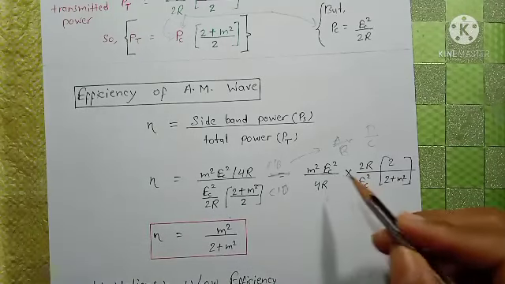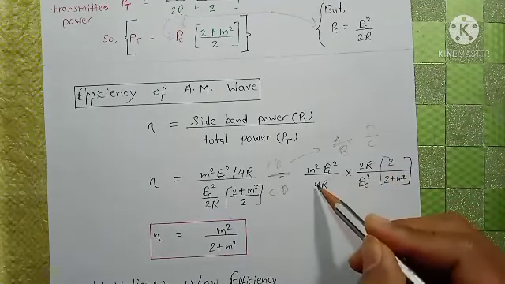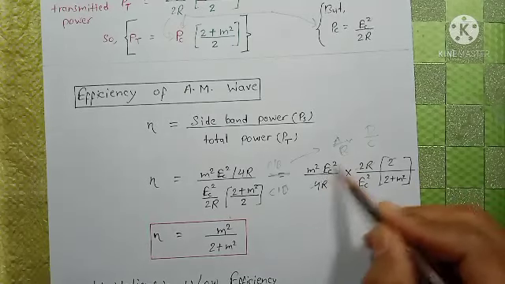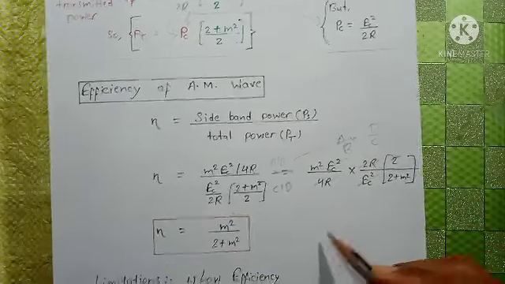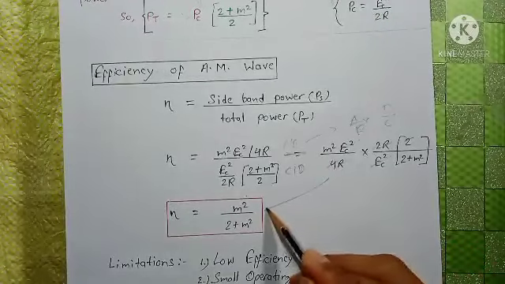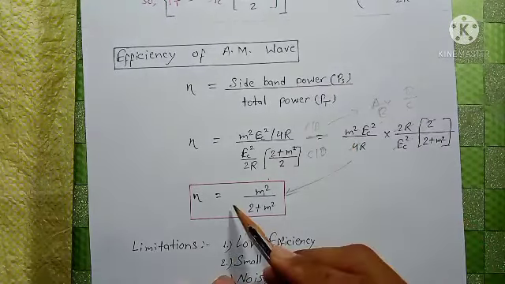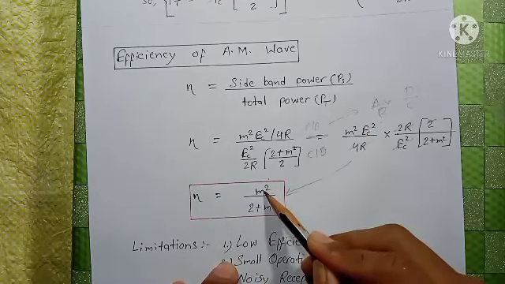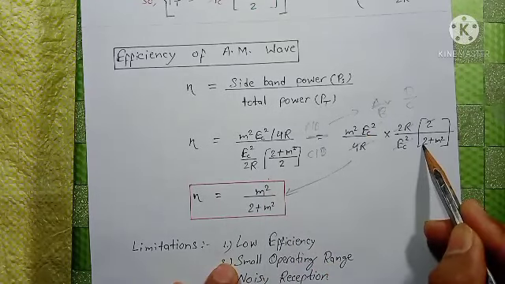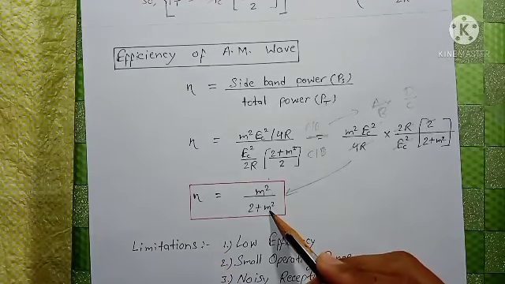We see that here R cancels out, 4 and 2 cancel out, and Ec square cancels out. So here we get the efficiency of AM wave as m square divided by 2 plus m square.